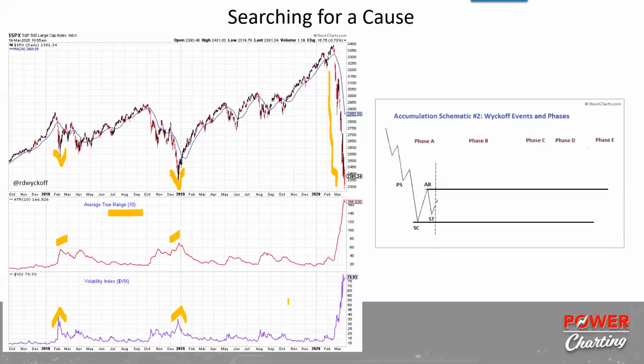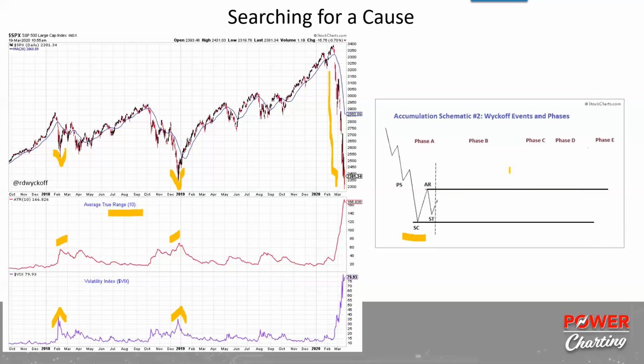The reason this is important to us as Wyckoffians is because of the climactic surge that we get in a selling climax. This is either the beginning of an accumulation area for a big markup, or the beginning of a redistribution area for the continuation of a markdown.